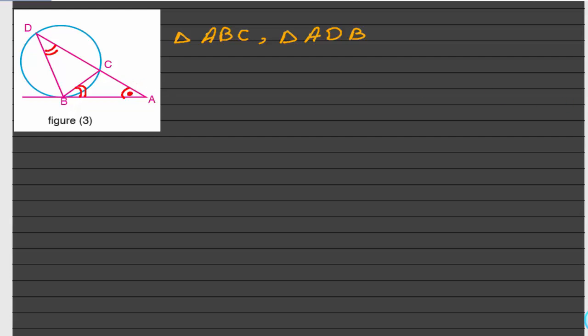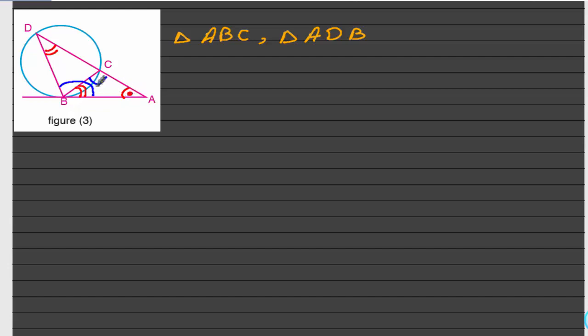So the third angle, angle ACB, equals the measure of angle DBA, because the two angles B and A in the first triangle equal the two angles D and A in the second.